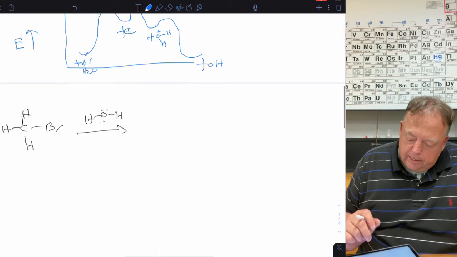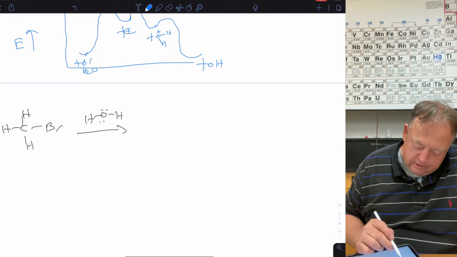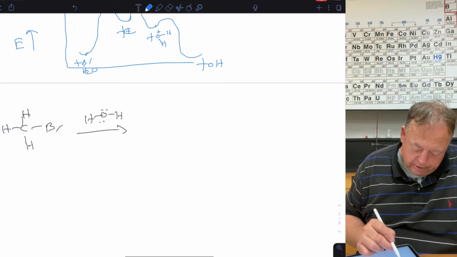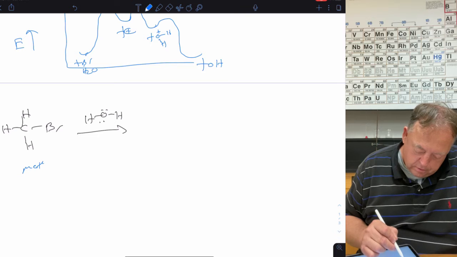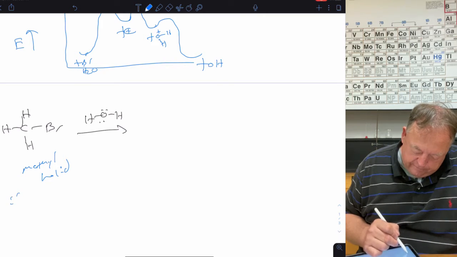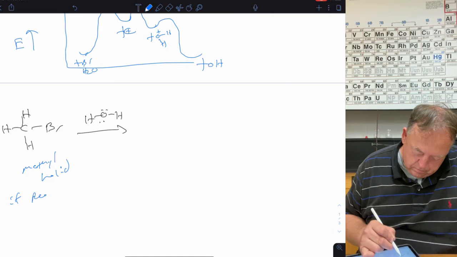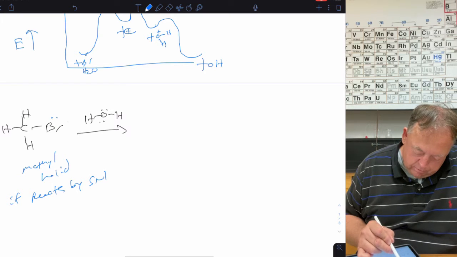Okay, so what are some other characteristics of an SN1? So let's compare the reaction that we did with the tertiary alkyl halide. Well, what if we had a methyl halide instead? So if it does an SN1, then the bromine would have to leave to make a carbocation.